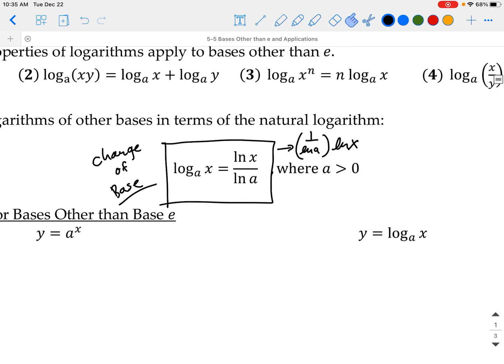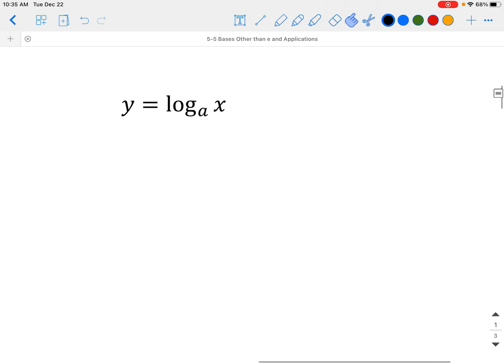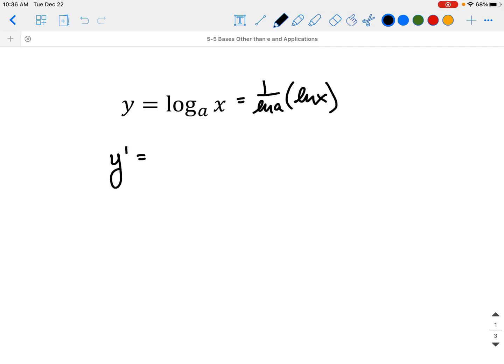Okay. So using that then as a definition, we can get some nice properties for our derivatives that'll be pretty simple to use. So let's start with the logarithm itself. So if we want to take the derivative of this function, again, we'll start by rewriting it as 1 over the natural log of a times the natural log of x. And then we can directly rewrite this just differentiating directly.